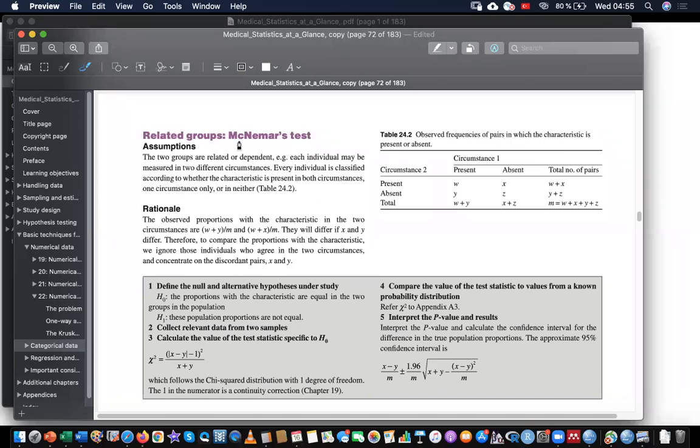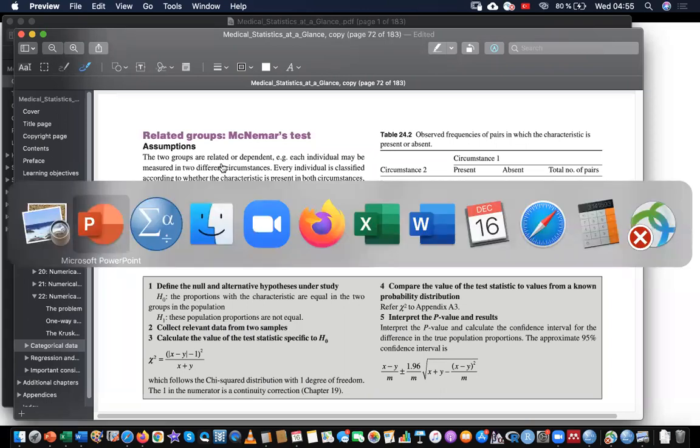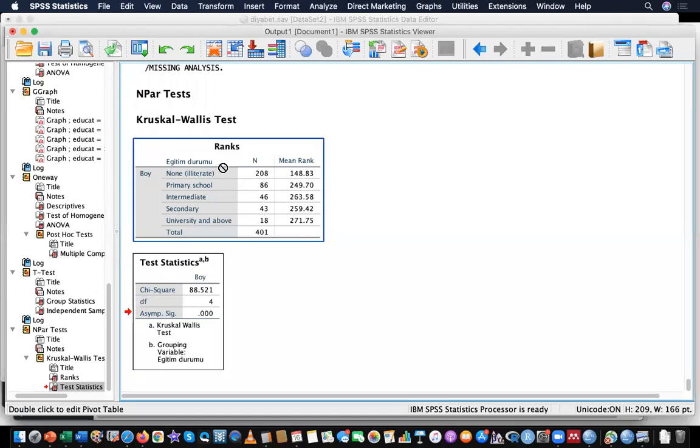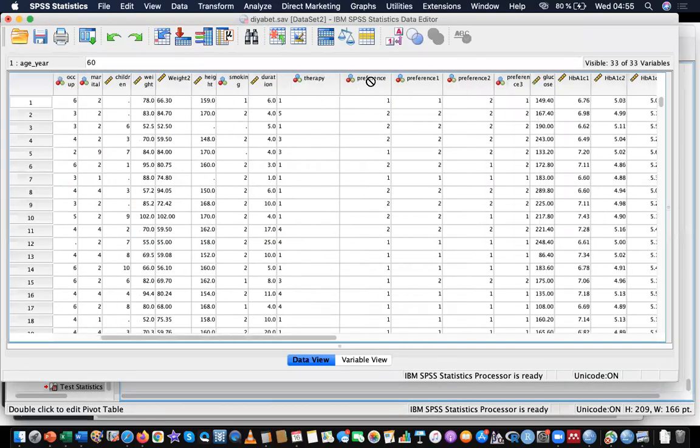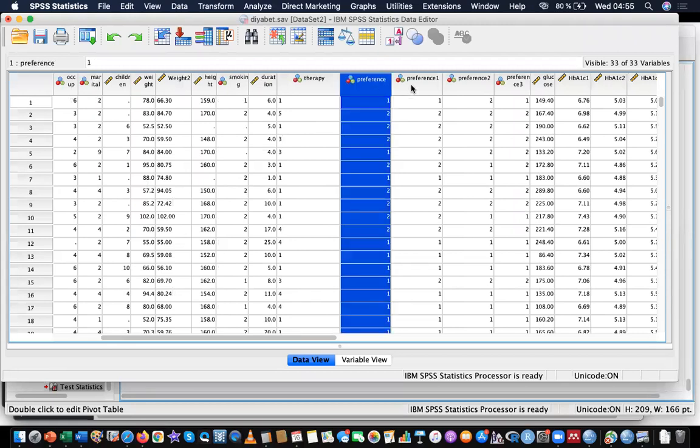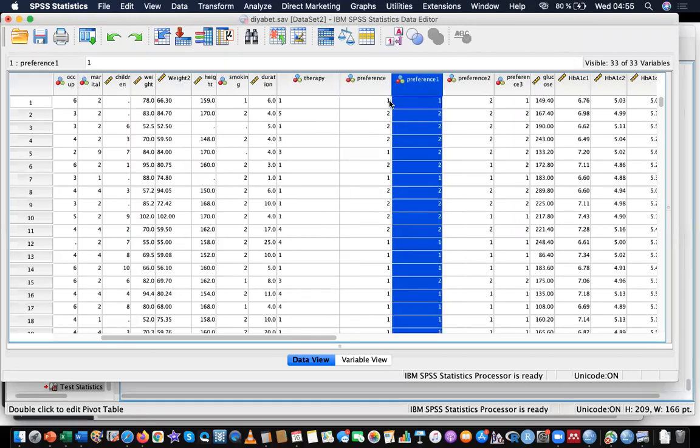What is McNemar? In a McNemar test, you have two related categorical variables, and two categories. In my data set here, I have preference 1 and preference 2. Preference for medication, let's say.